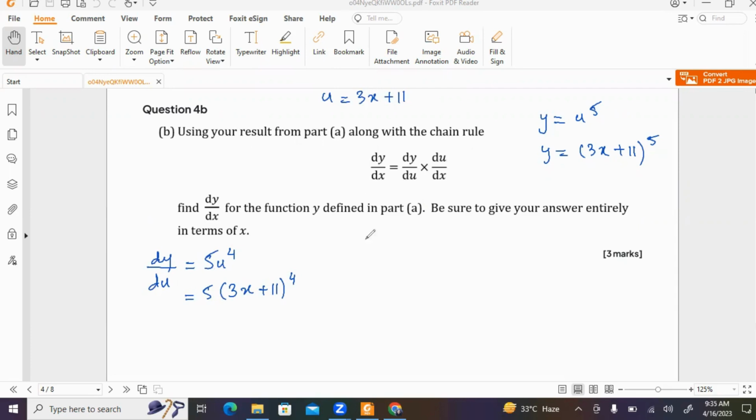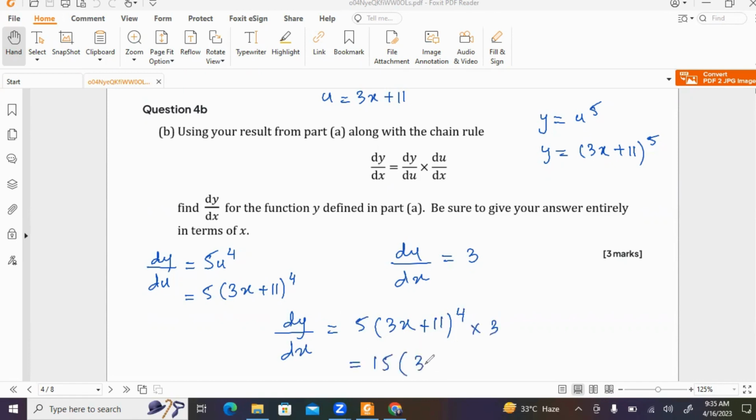To find du by dx, we differentiate this equation. That's going to be 3. Now we apply this in the chain rule, where we write 5 times (3x plus 11) to the power of 4 times 3, which is 15 times (3x plus 11) to the power of 4. That is your answer.